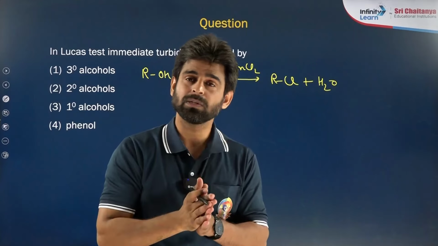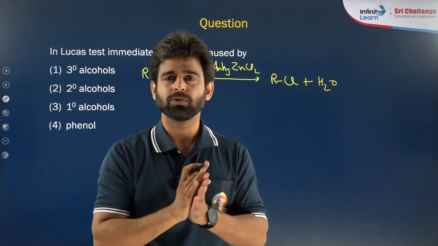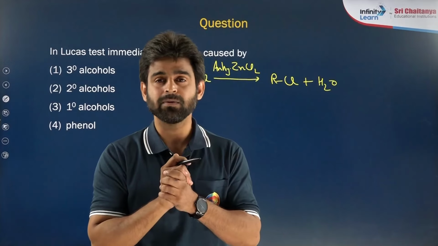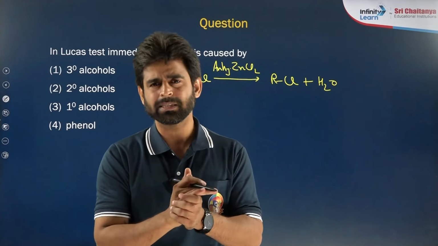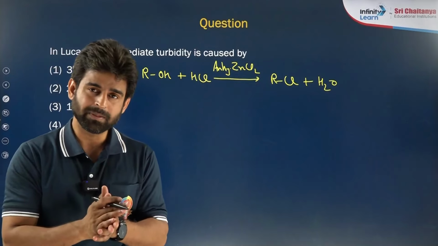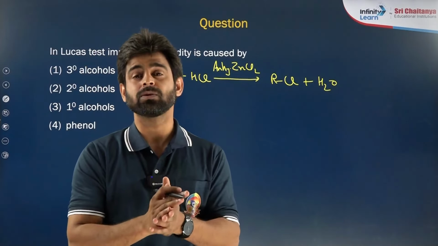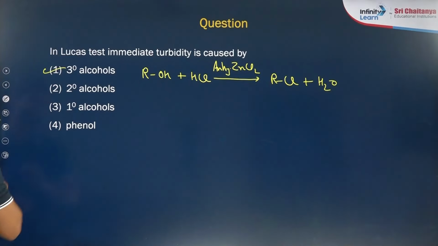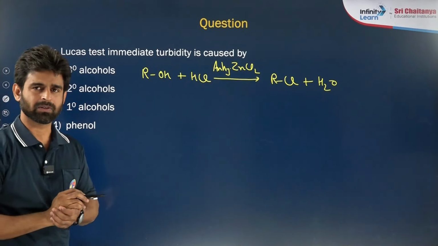So tertiary alcohols are very reactive for these reactions. So tertiary alcohol will give instant turbidity. Secondary alcohols will give turbidity in 5 minutes to 30 minutes, and the primary alcohols will give turbidity only on heating. Without heating, they don't even give turbidity, right? So our answer is tertiary alcohol, right?